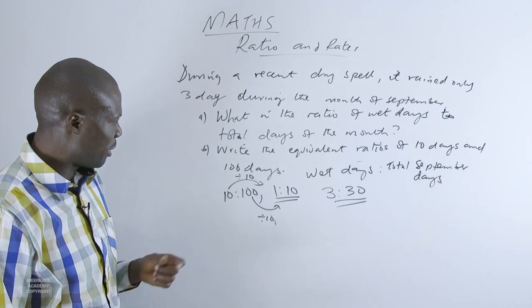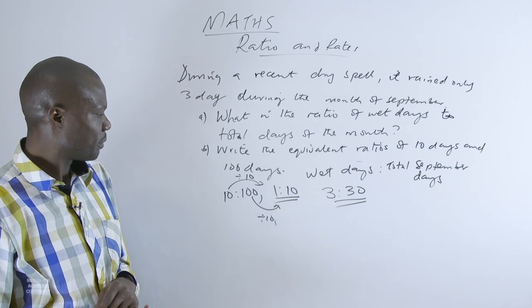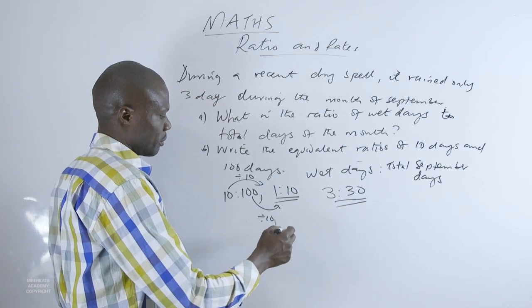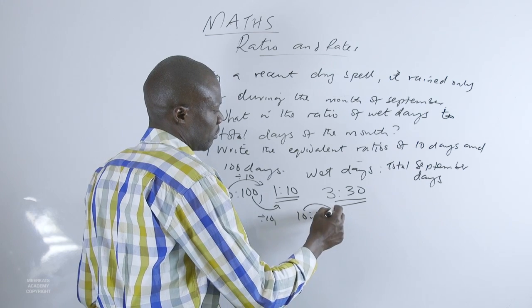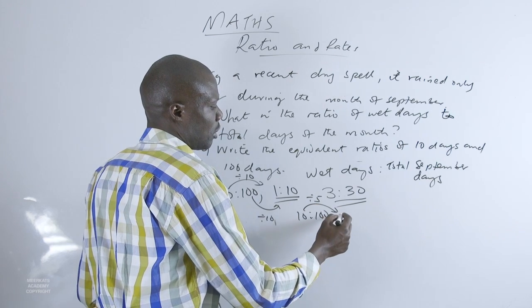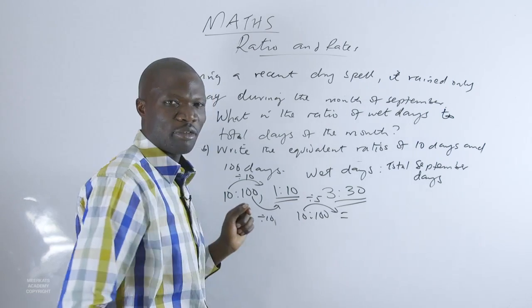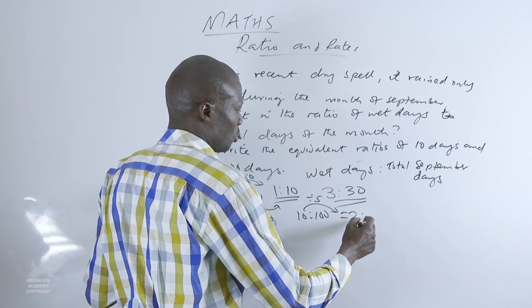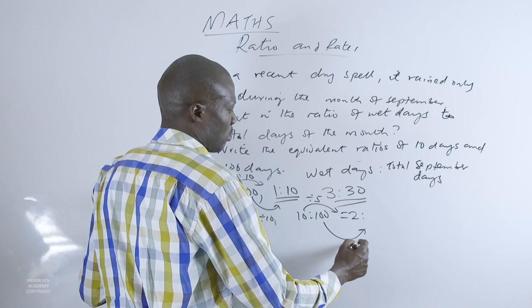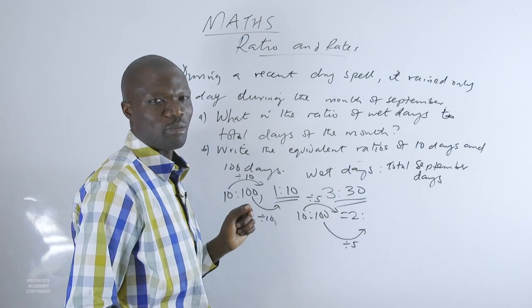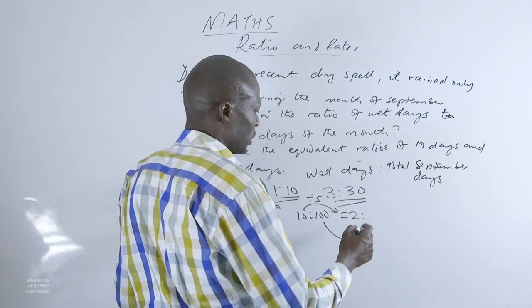Another one, we can divide by 5. 10 divided by 5 gives us 2. 100 divided by 5 gives us 20.